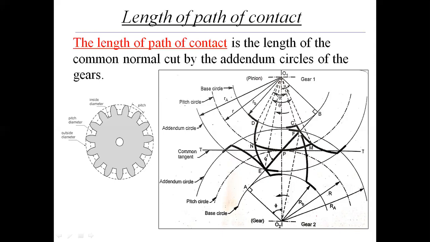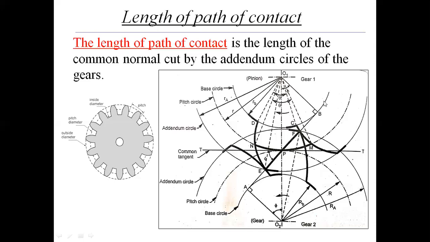So F is the point of engagement and E is the point of disengagement. FE is measured along the common normal line AB, which is the perpendicular line to both the base circles.